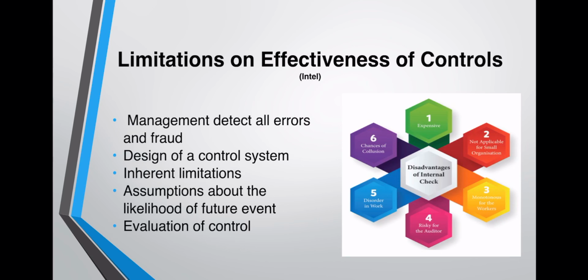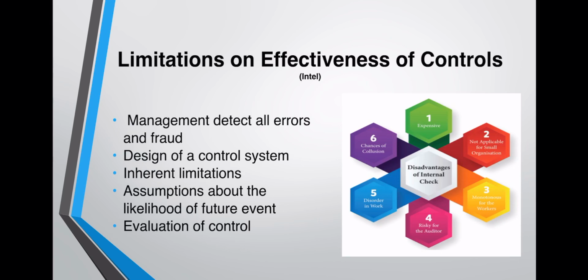The next one is design of a control system. The design of a control system must reflect the fact that there are resource constraints, and the benefits of controls must be considered relative to their costs, because a control system, no matter how well designed and operated.